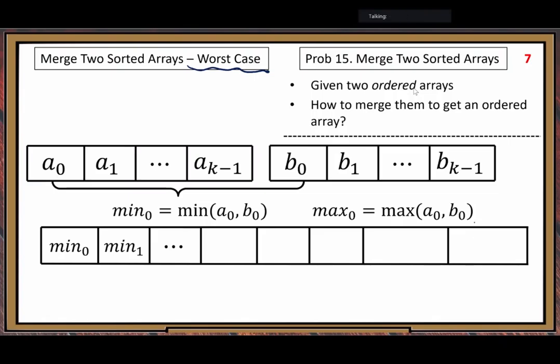The last element, when we work on it, we don't need any comparison, because that is the only element left. So we can drop it in place without any comparison. So the last element we do not count, because we don't need any comparison to put it in place.